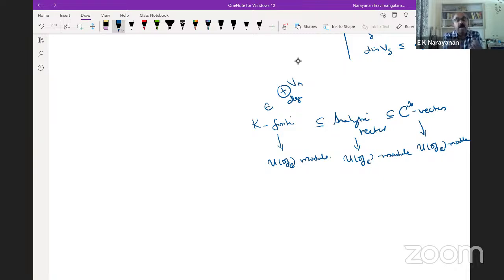You look at which n's appear, and there is a certain eigenvalue for the Casimir, and these two will characterize our representation. It is quite simple to understand in the case of SL2R, but as you go to other groups, it gets complicated. So as a first step, we'll define analytic vectors. I will not prove anything except writing down something.